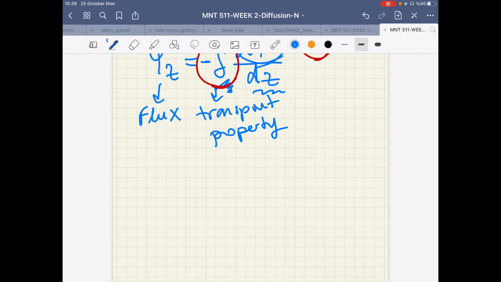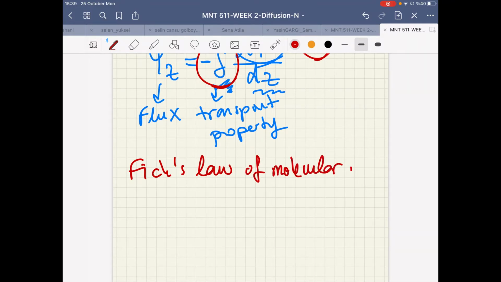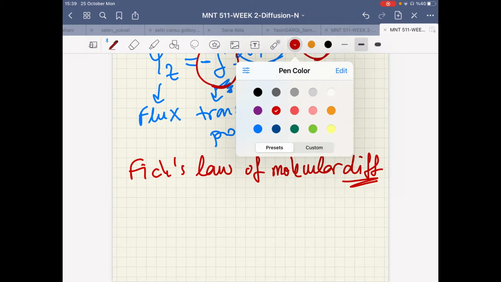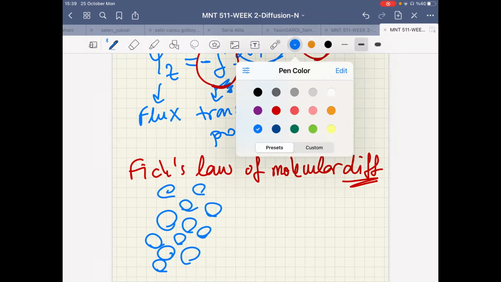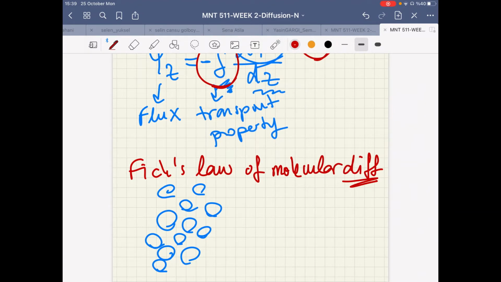Okay, so Fick's law of molecular diffusion. We assume that we have a stable phase that's full of molecules A, and then I have molecule B, it can be a gaseous molecule.